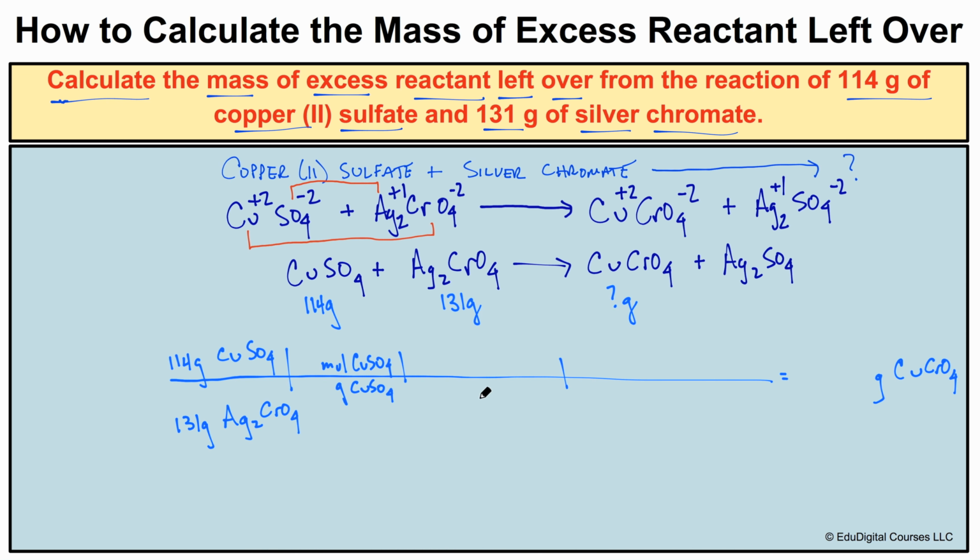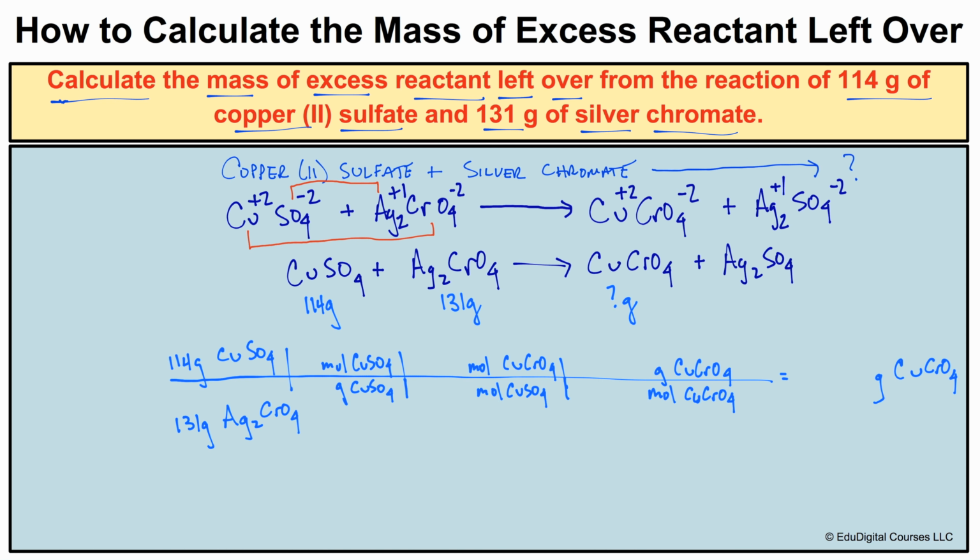We're then going to have to cancel out moles of CuSO4 and figure out the number of moles of CuCrO4. We're then in our last step going to have to cancel out moles of CuCrO4 and figure out the number of grams of CuCrO4.